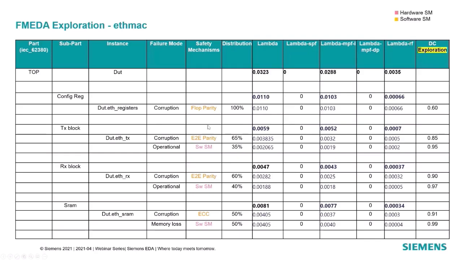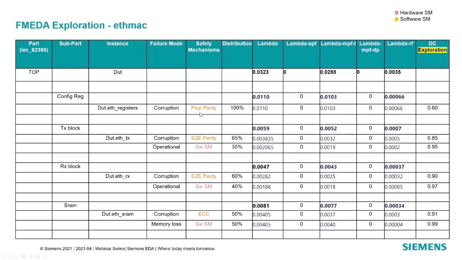The pink is showing the software safety mechanism for a failure rate, and the orange is showing the hardware safety mechanism on a different failure rate. We were able to see the effect of these hardware and software safety mechanisms individually on these respective failure rates, and we are able to see some diagnostic coverage around that.